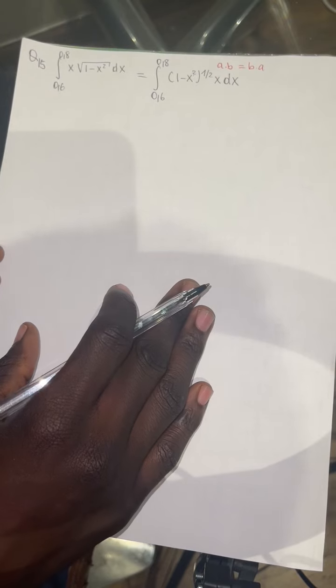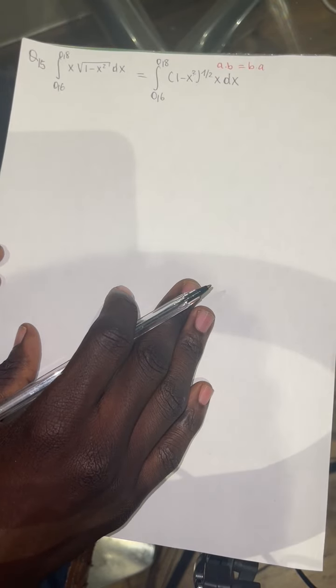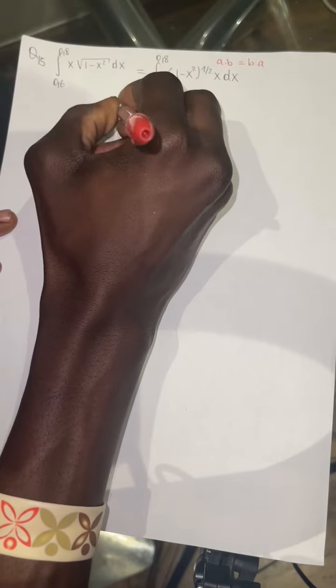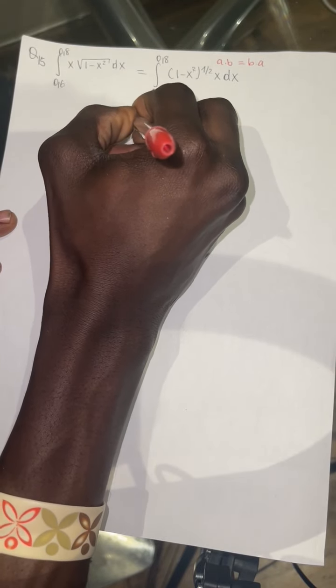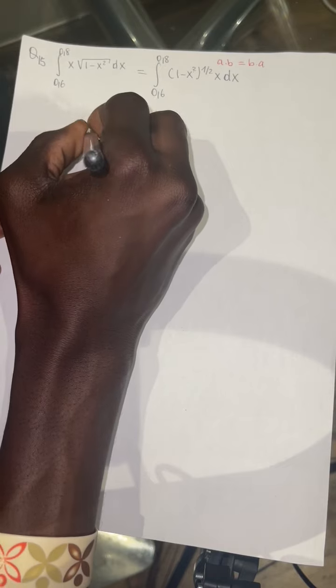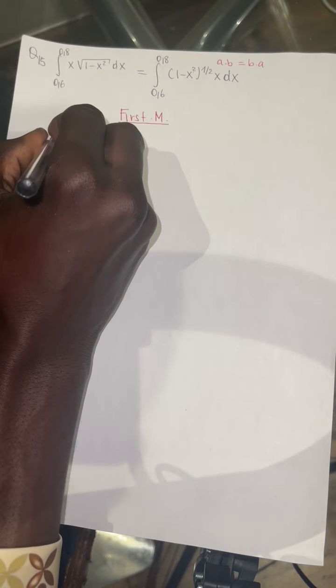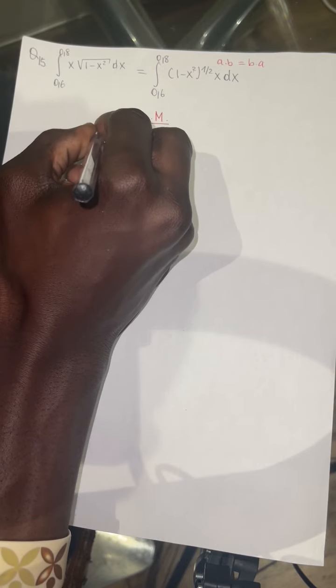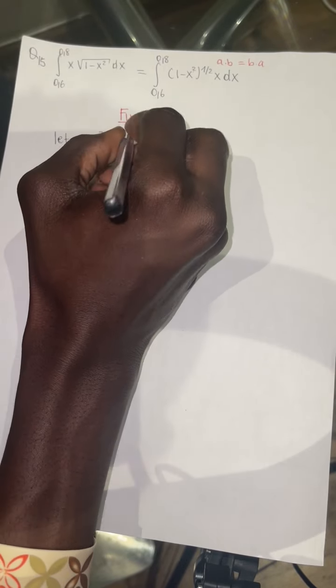So now how can we do this integral? We're going to solve it in 2 ways. This is the first method. In the first method, I'm going to let 1 minus x squared become t.